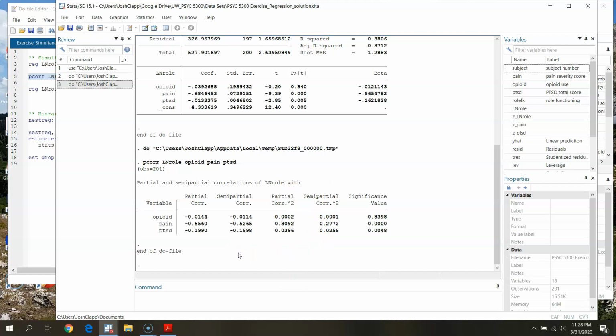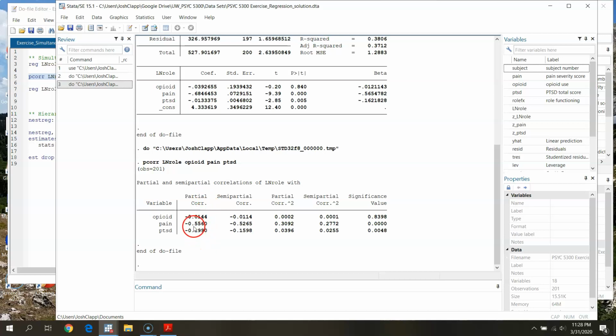Recall that our partial correlations correspond to the association between our predictor and the residual variance left over in our outcome after we control for other variables in the model. If we square that, we can talk about our partial correlation as a proportion of variance.